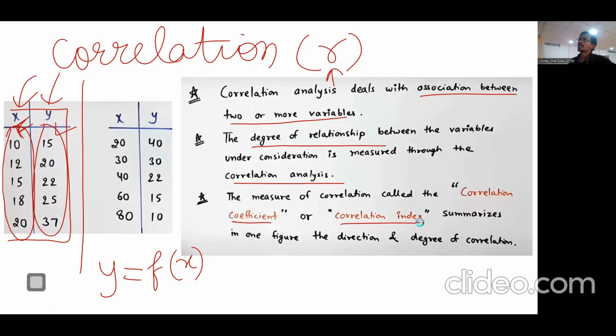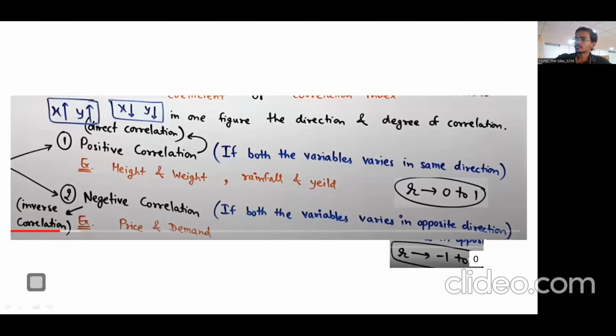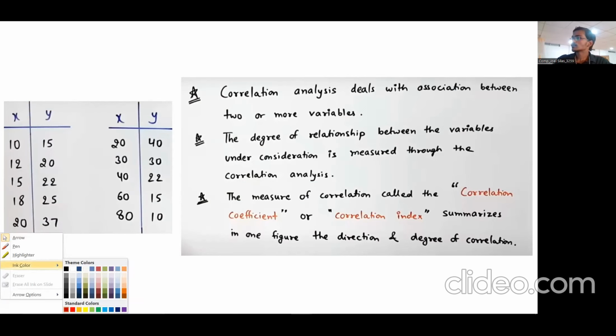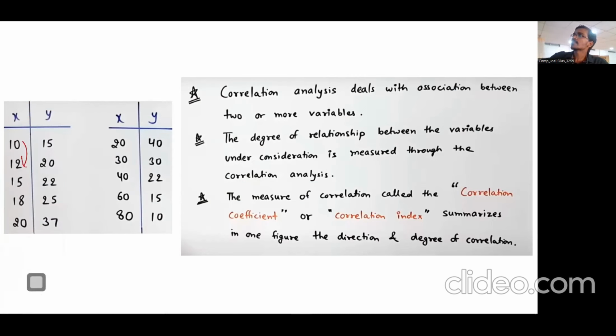Now here we can observe that if X is increasing, Y is also increasing, as you can see. 12 to 15, so 20 to 22. Again an increase in Y. An increase in X, an increase in Y. That means there's a linear relationship of incrementation between X and Y.